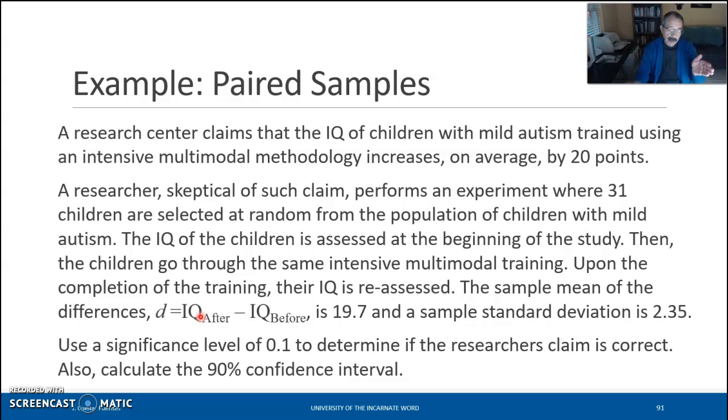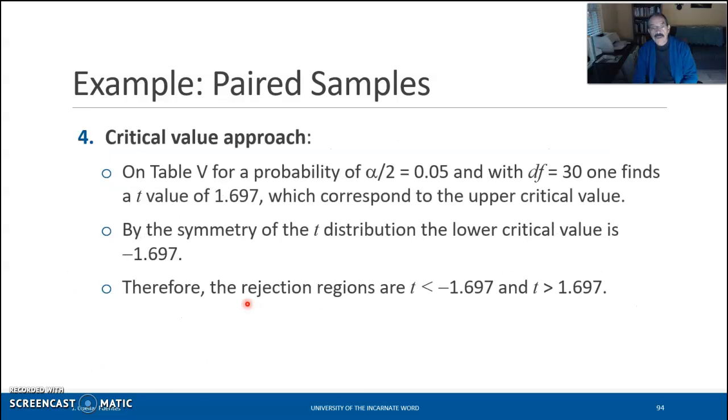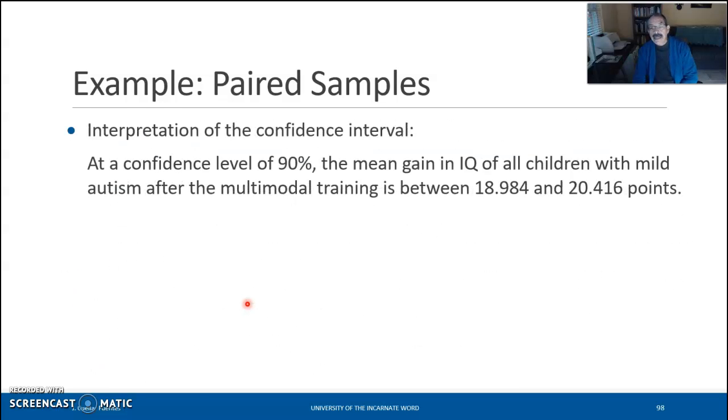Since the difference is positive, that means that IQ after is larger than the IQ before. Then we can say that based on the confidence interval, there has been a gain in IQ by applying this training to these children with mild autism of between 18.984 and 20.416 points.